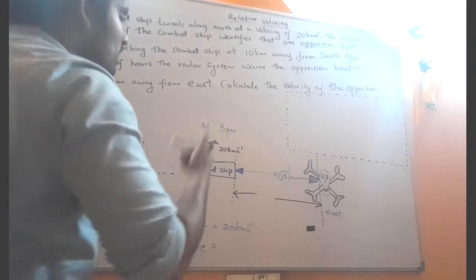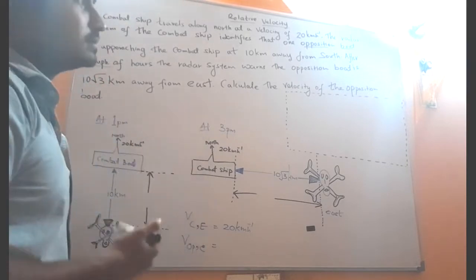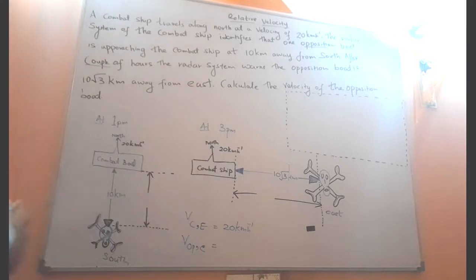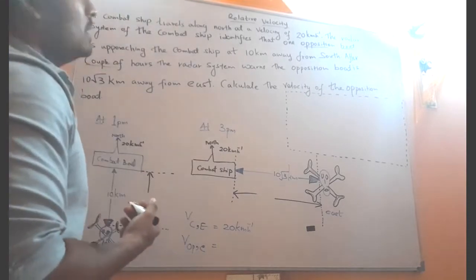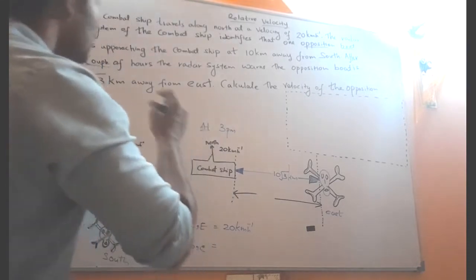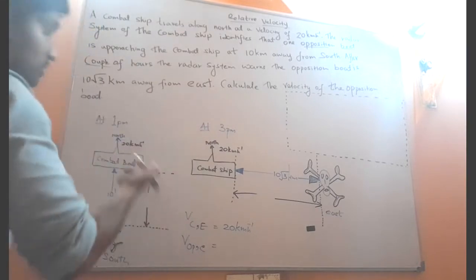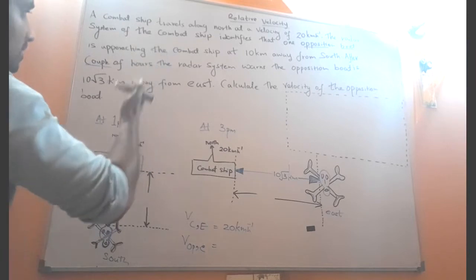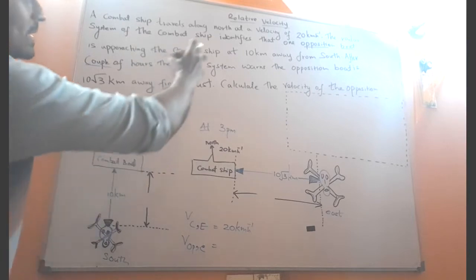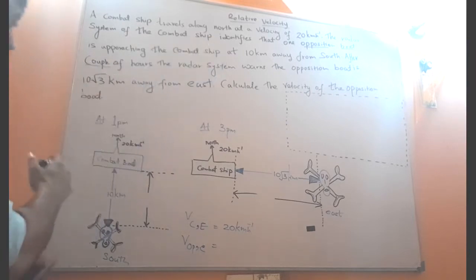While this combat ship is traveling, the radar system, that safety system, identifies that an enemy's boat, or opposition's boat, is approaching the combat ship at 10 kilometers away from the south side.